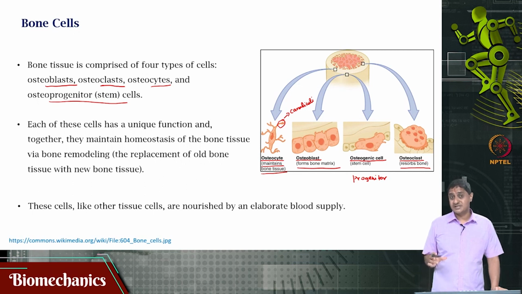From the osteoprogenitor cells, you get osteoblasts and osteocytes. Osteoclasts originate from other progenitor cells, and their function is to break down old bone and unused cells, to reabsorb, recycle, dissolve, and destroy them.